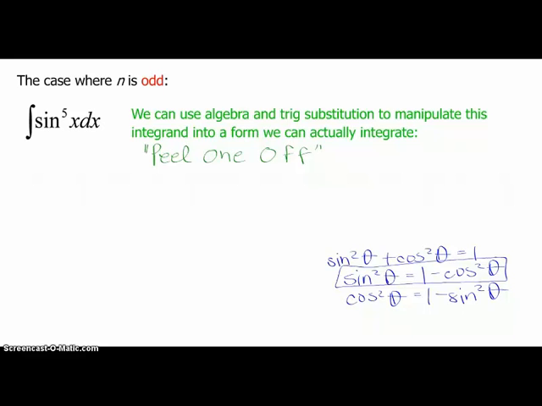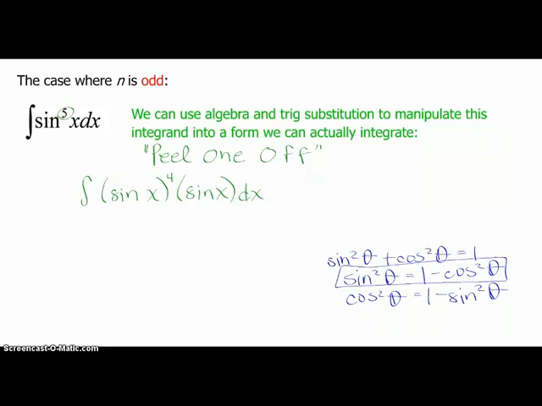And you'll see what I mean by peel one off. So I have in this integral sine of x multiplied by itself 5 times. Well, what I'm going to do is peel one of those off, because that's what this means: sine of x times sine of x, multiplied by itself 5 times.